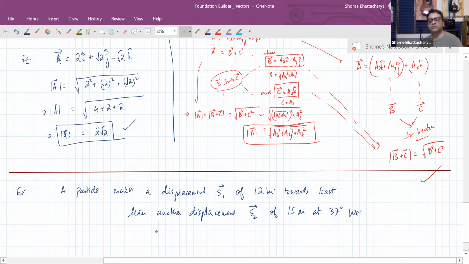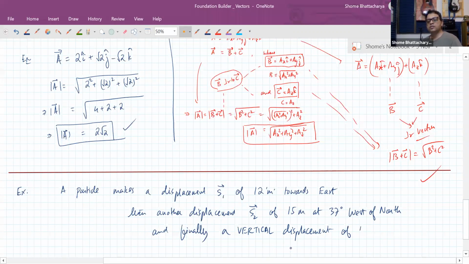Okay. And finally, a vertical displacement of 10 meters, that is, let's say, S3.